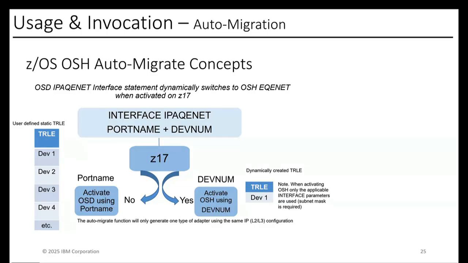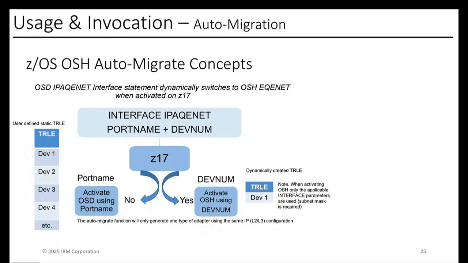It honors the port name, activates it just like with the old rules with the VTAM TRLE, et cetera. So with small modifications, you can do this auto migration. And that's the neat trick that we supplied to make your life a little easier if it makes sense to go there.